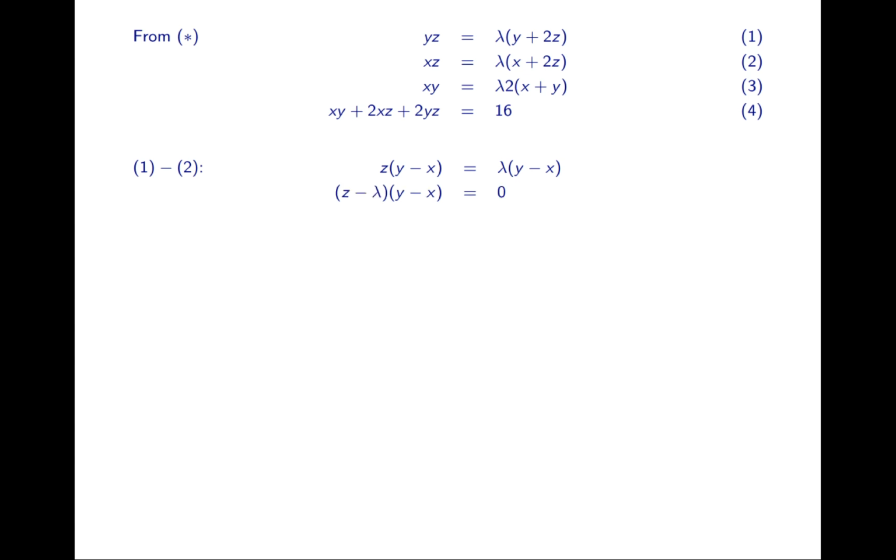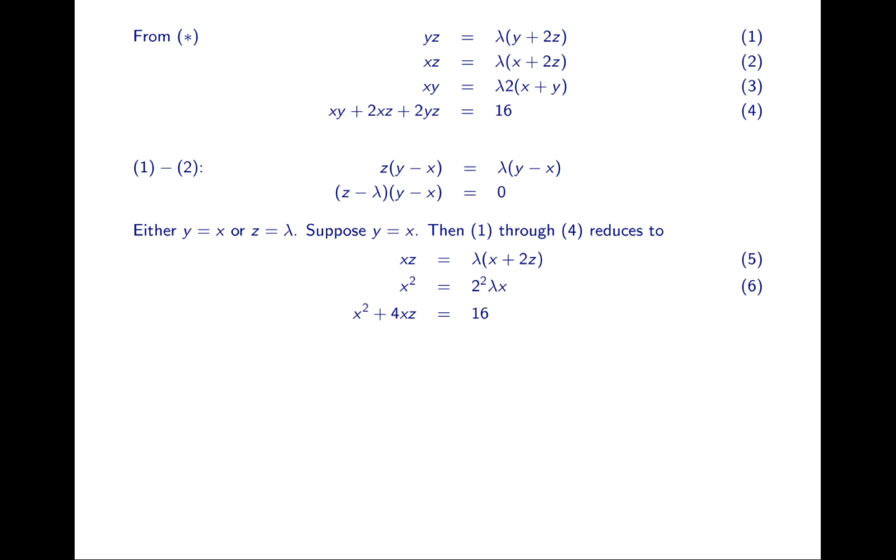If I put everything to the right-hand side, I get z minus lambda times y minus x must be 0. So either y is equal to x or z is equal to lambda. Well, here our path diverges. We've got to pick one or the other. Let's suppose y equals x. The case of what happens if z is equal to lambda, I'll let you work that one out on your own.